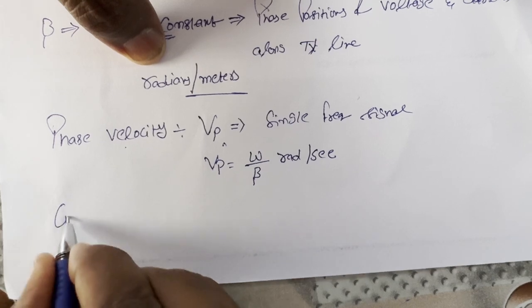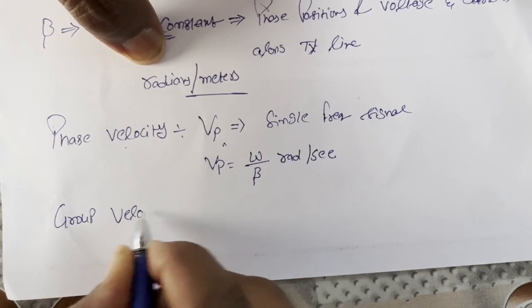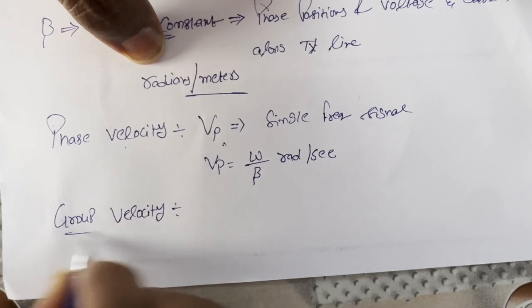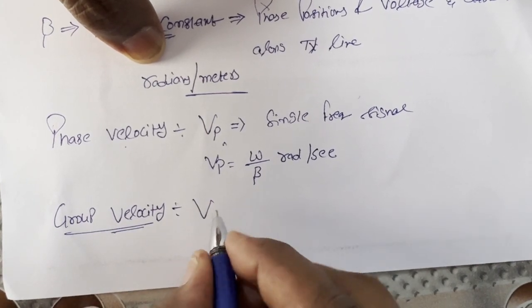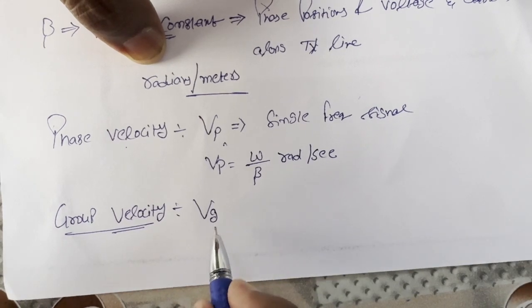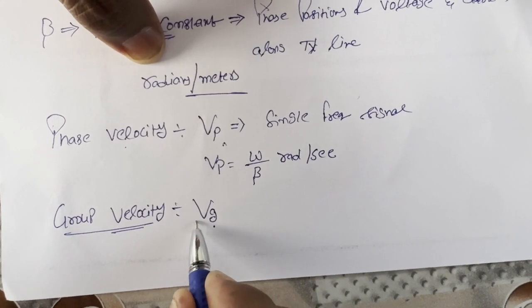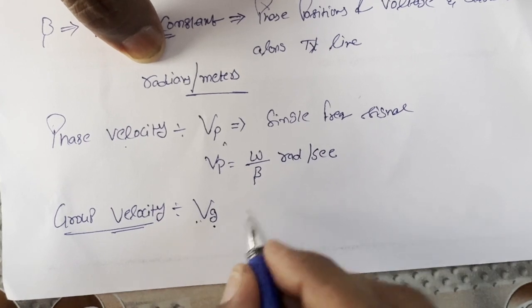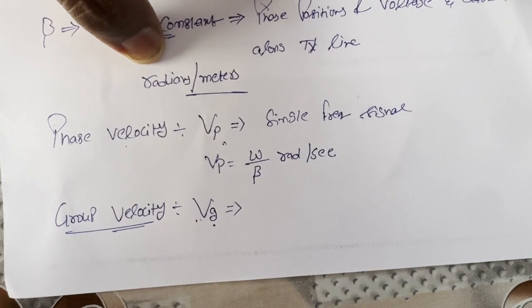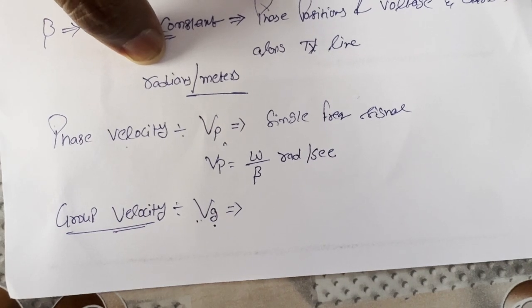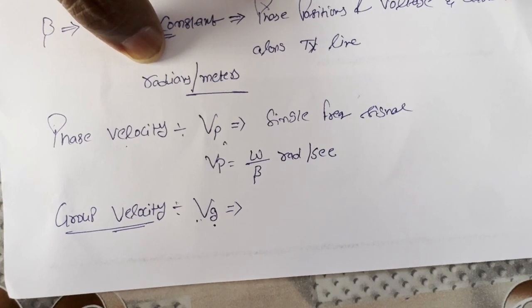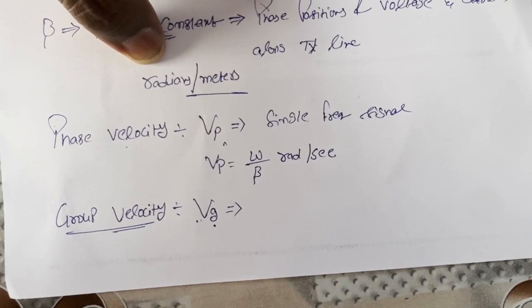And similarly another point is group velocity. It will be represented as V suffix G. Here the group velocity is defined for a wave that contains different frequency components which travel at different velocities, but the envelope of voltage gives us the group velocity.